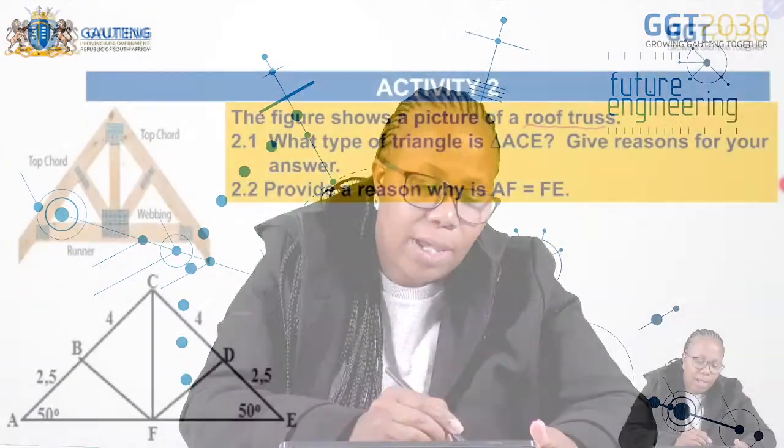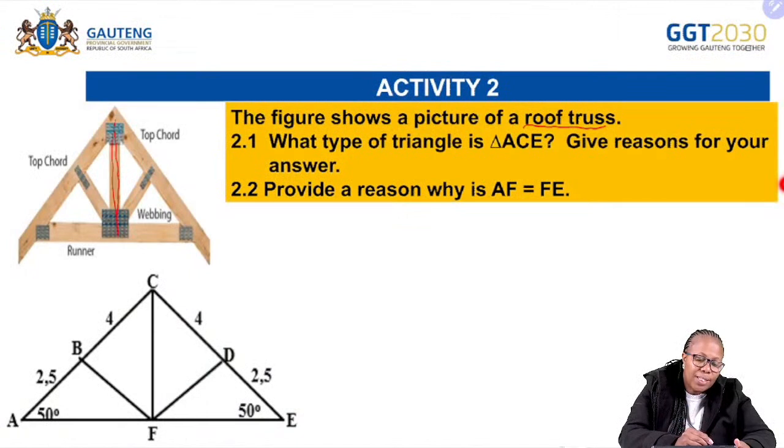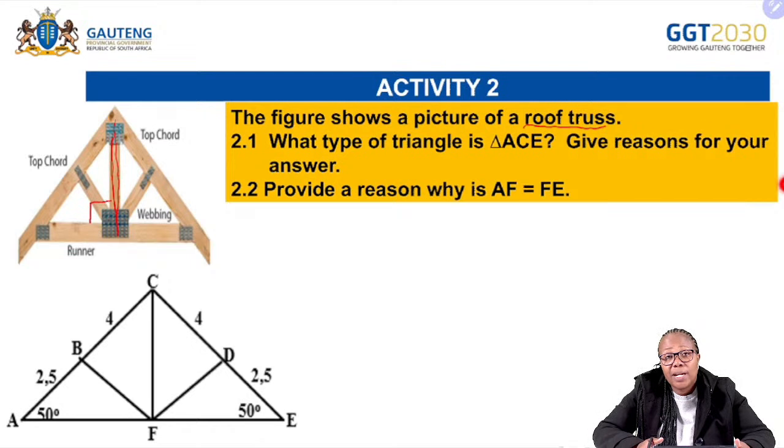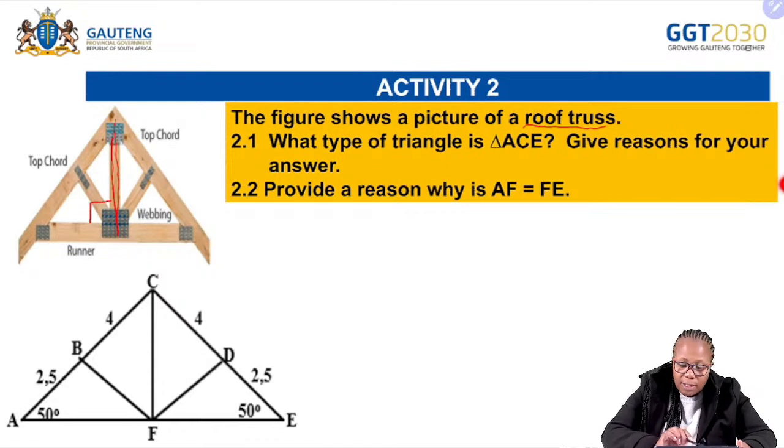What we know is that this pole here is always designed in such a way that it forms 90 degrees there. That is a practical thing. You must be able to observe that, grade 12, on your own without doing any calculations. It is always designed at a 90 degree angle.